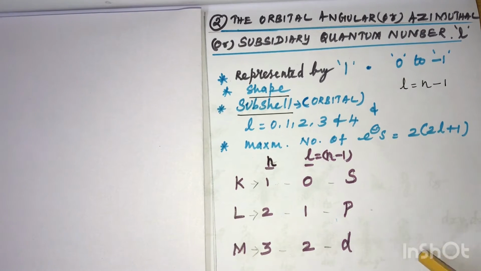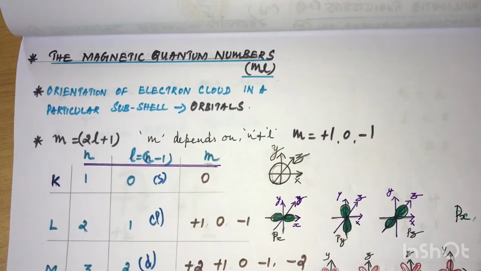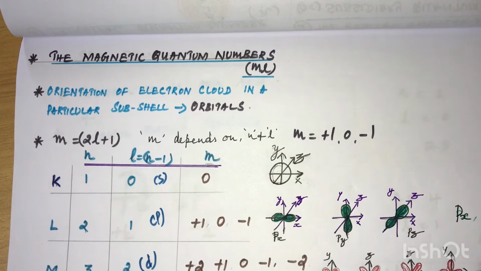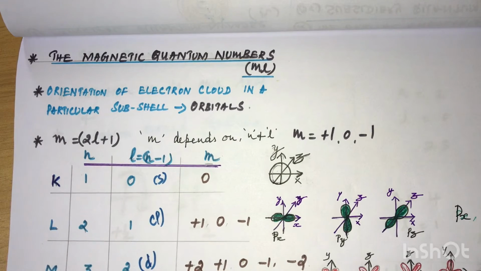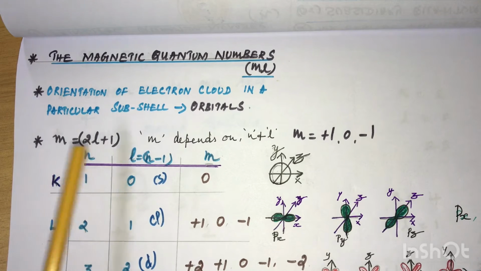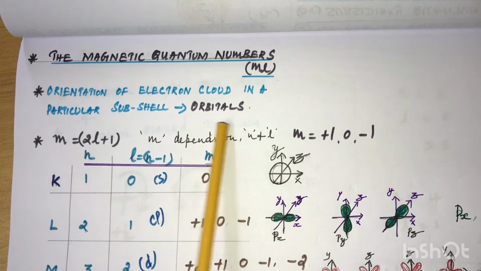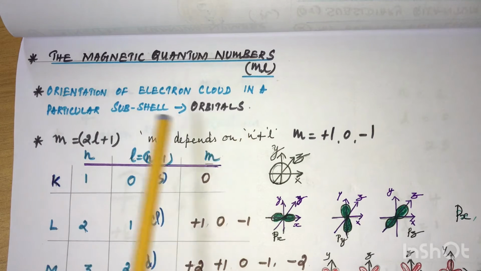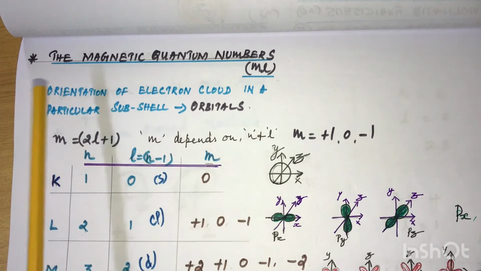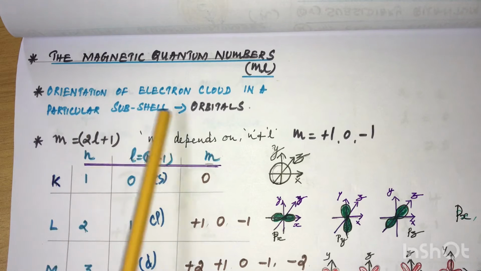The orientation and shape we can study in the magnetic quantum number. The next quantum number is the magnetic quantum number. The magnetic quantum number talks about the orientation of the electron cloud in a particular subshell, that are called orbitals. The orientation of orbitals and shape of orbitals can be calculated by using the magnetic quantum number.